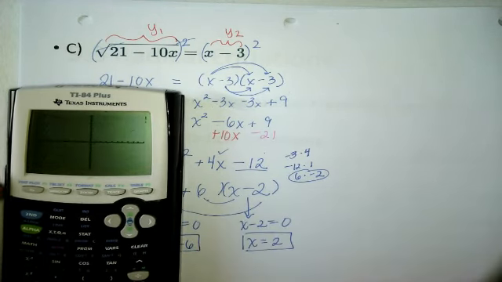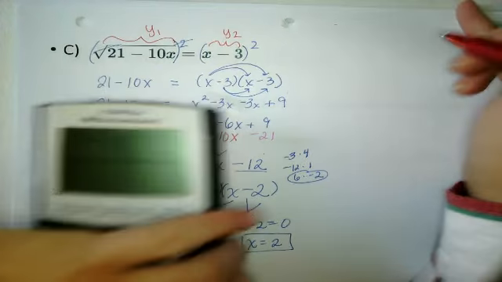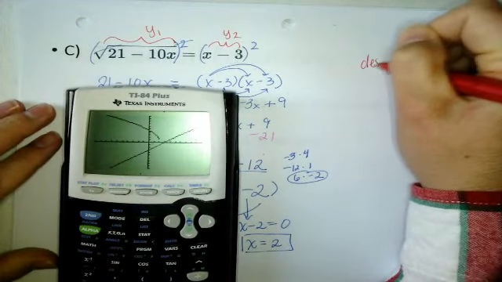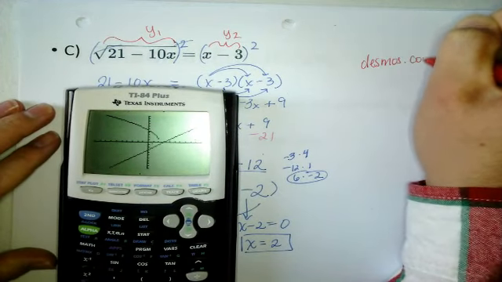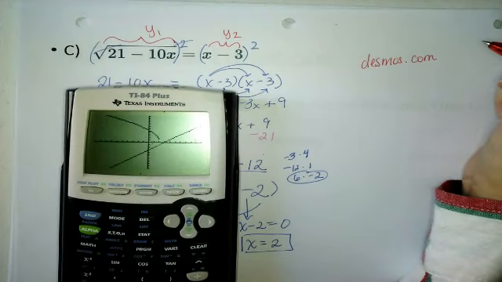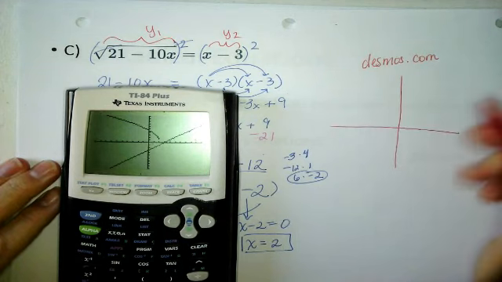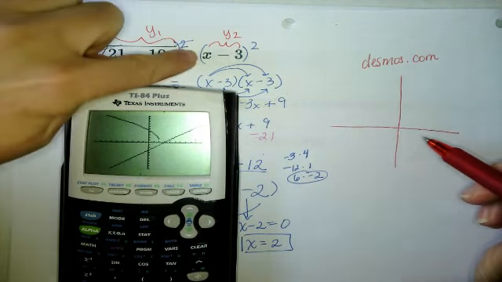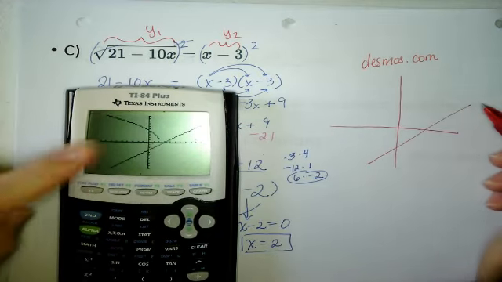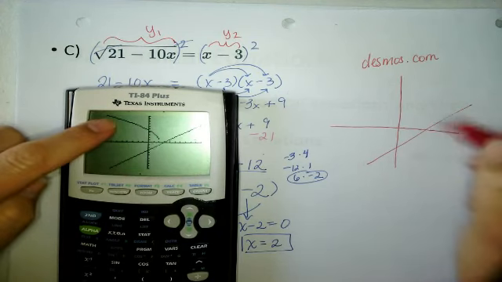And again, you can use Desmos.com if you don't have a graphing calculator. Same process, except easier. So we have our line, that's the x minus 3. And then here's our square root function, that funny swoop.